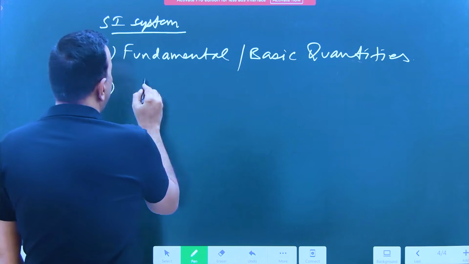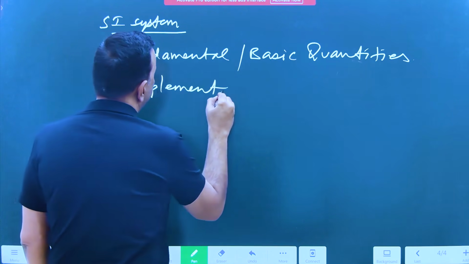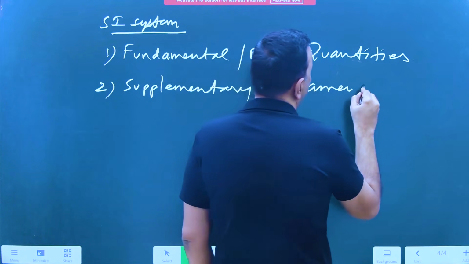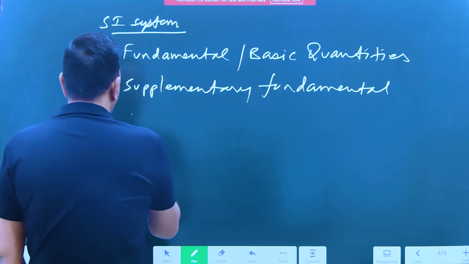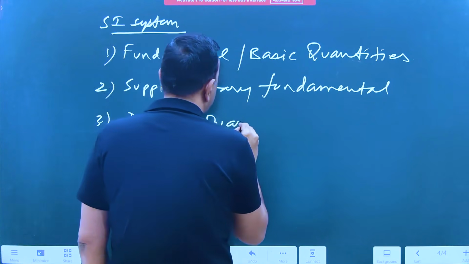Second one is called supplementary fundamental. And the third one is called the derived quantities.